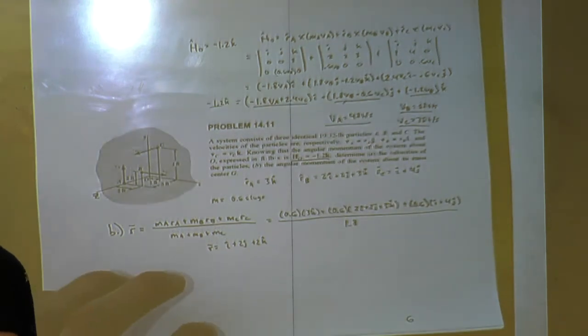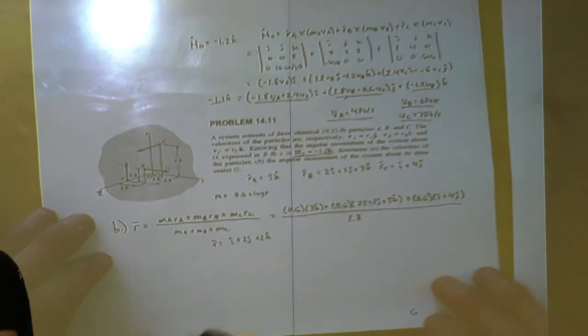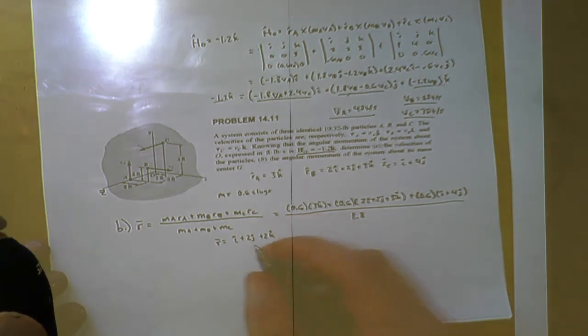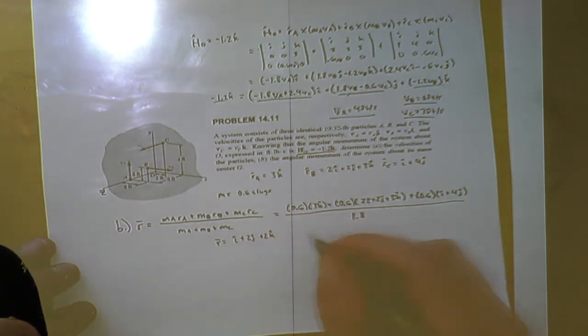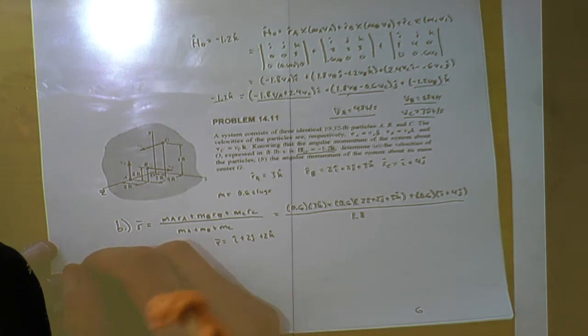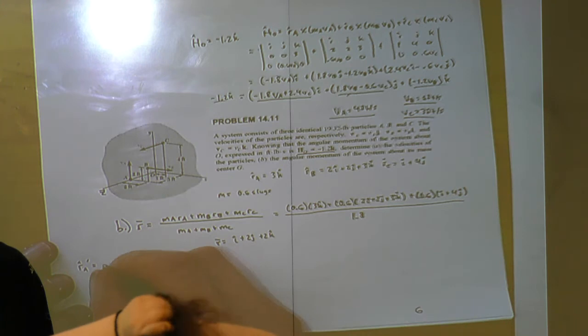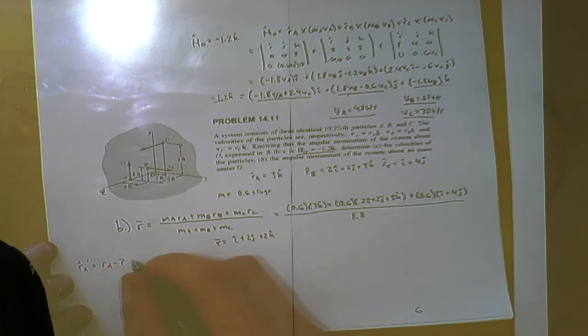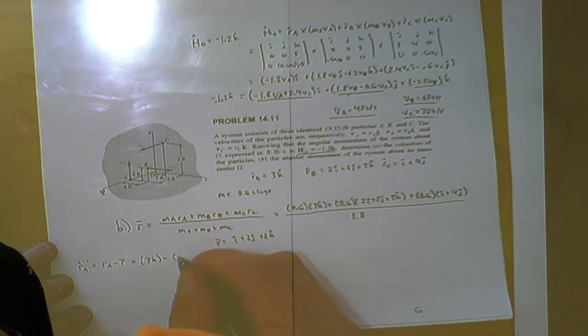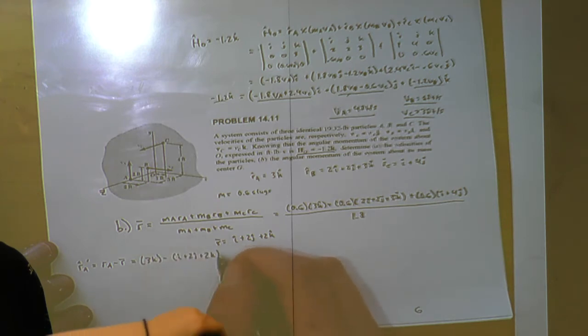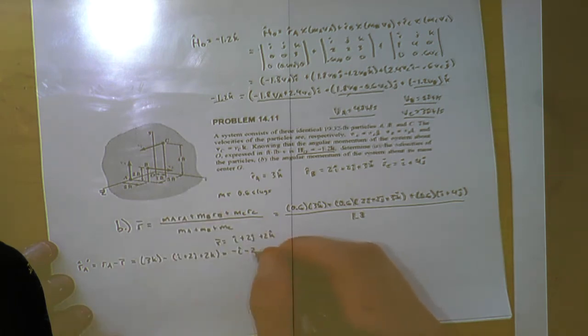We have to find the position vectors relative to the mass center. So our A prime is our A minus that. So we have 3k minus the I plus 2j plus 2k gives us negative I minus 2j plus k.